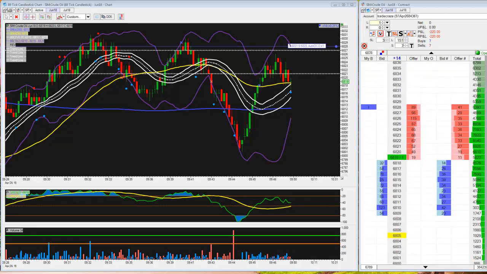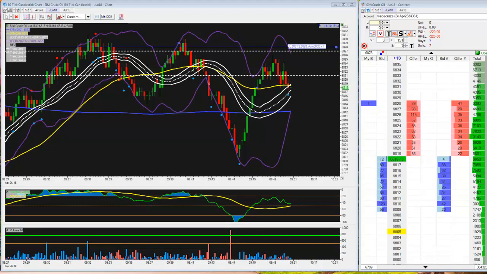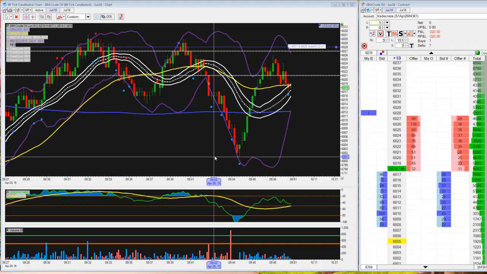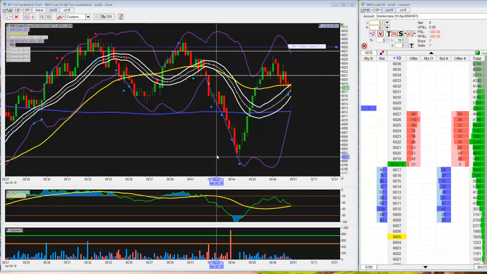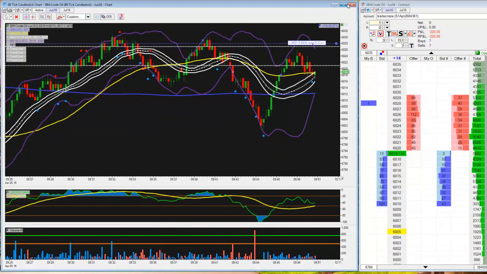So last low went to 6801, 6800 level, it looks like. And it looks like it's setting up a base.